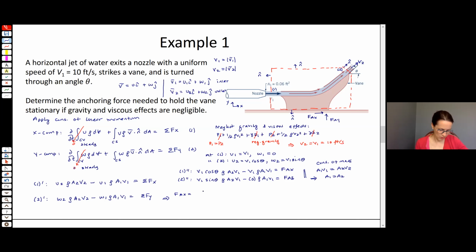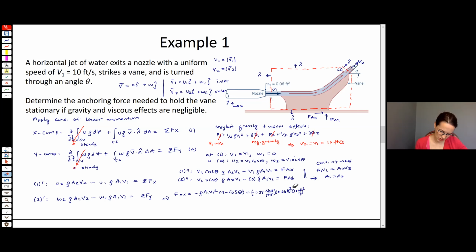So in the horizontal direction, we've got minus rho A1 V1 squared, 1 minus cosine theta. If we plug in our numbers, it's minus 1.94 slugs per cubic feet times 0.06 feet squared times 10 feet per second.